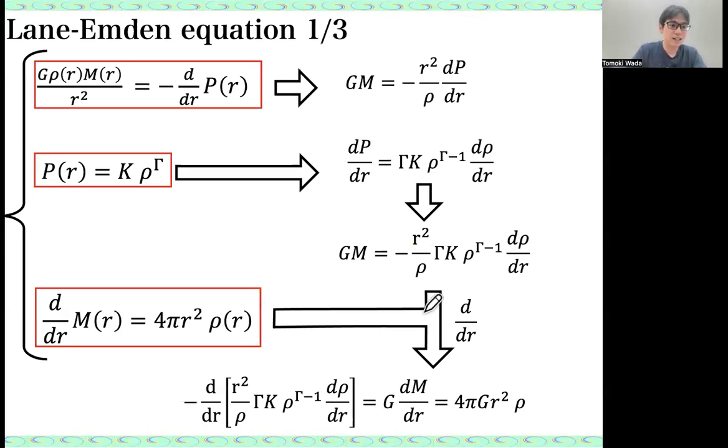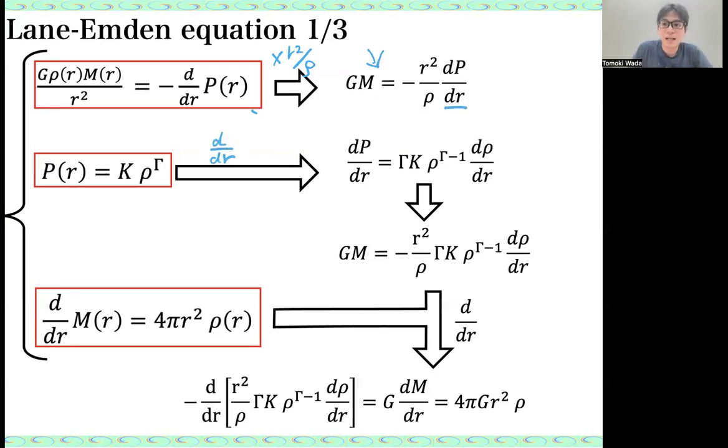Here, there are many equations, but please follow me. Using force balance, we can rewrite this force balance as this. We just multiply by r squared over rho. And in this equation, here is dP/dr. Okay, and we can get a relation between dP/dr and d rho/dr using the equation of state.